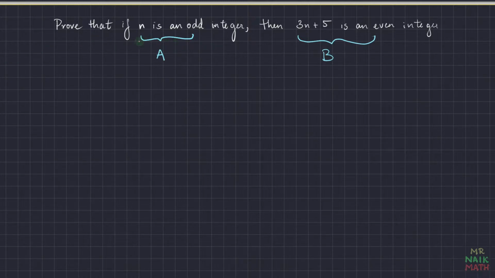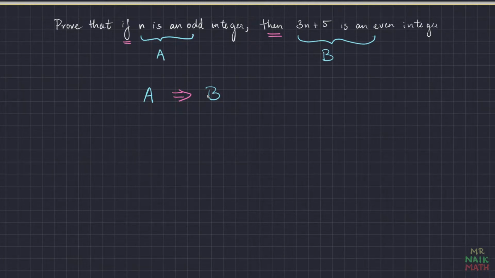This if-then structure is a good hint. Whenever you see if something, then something, it means there's some sort of implication. So over here, the implication is that A implies B.